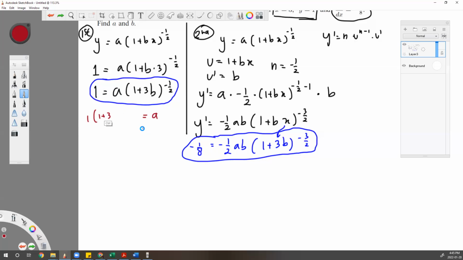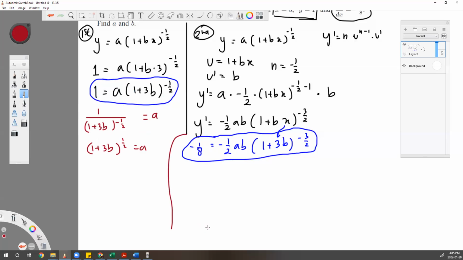Or wait, A equals, I put this to the left side, 1 over 1 plus 3b power negative half. Power negative below, go up, you delete the negative. 1 plus 3b power half equals A, right?